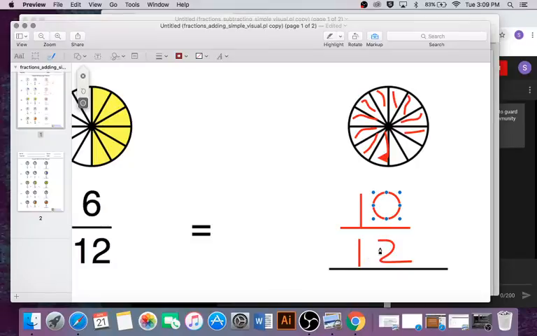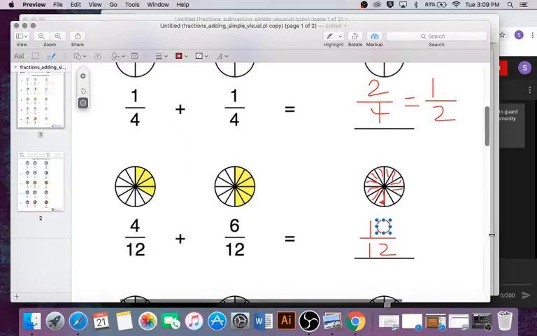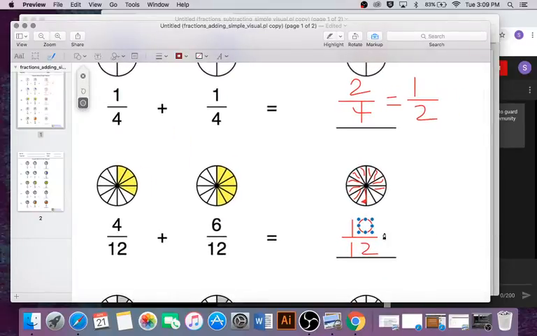But 10 over 12 isn't in simplest form, so we need to look, and we know that 2 goes into both 10 and 12. So 2 goes into 10 5 times, and 2 goes into 12 6 times. So our answer is 5/6.